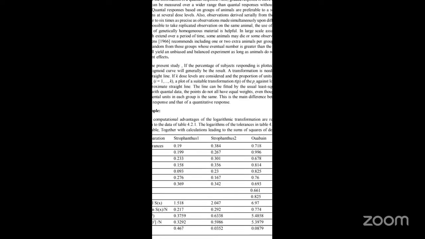Quantal responses based on groups of animals are preferable to a series of single observations at several dose levels. Also, observations derived serially from the same animal may be 4 to 6 times as precise as observations made simultaneously upon different animals, sometimes of genetically homogeneous material.